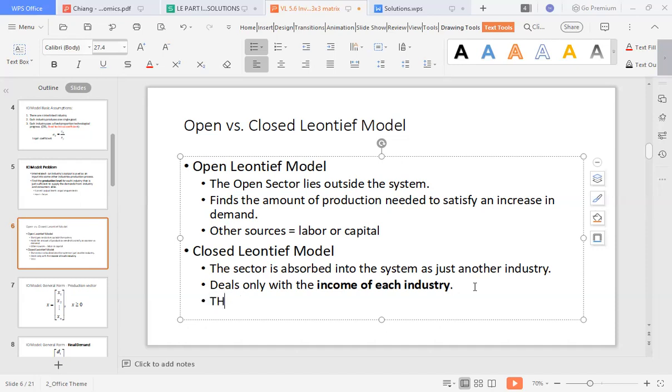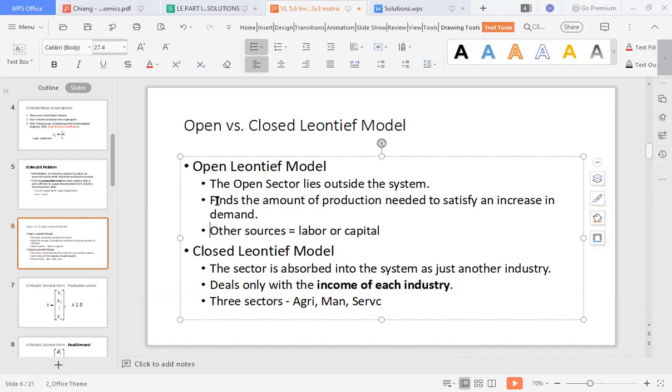Okay, or the three outputs should only be coming from the inputs of the three industries or the three sectors. So again, agriculture, manufacturing, and also services. It would be strictly coming from these three sectors.